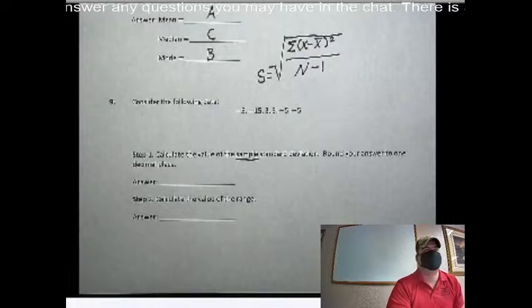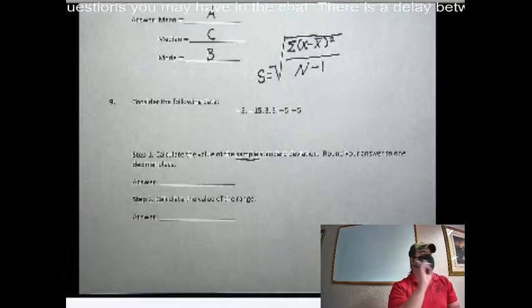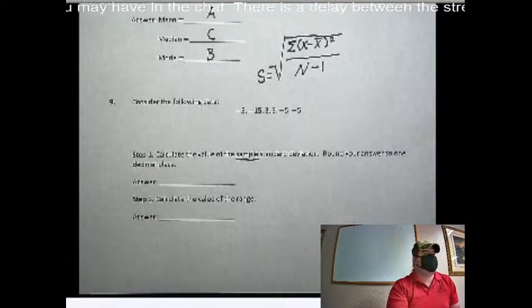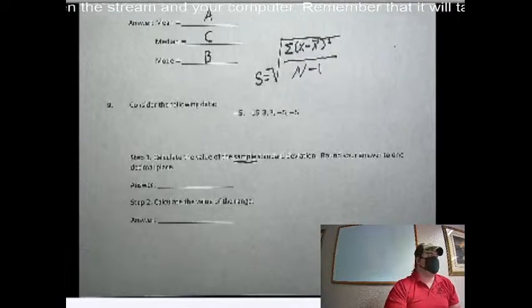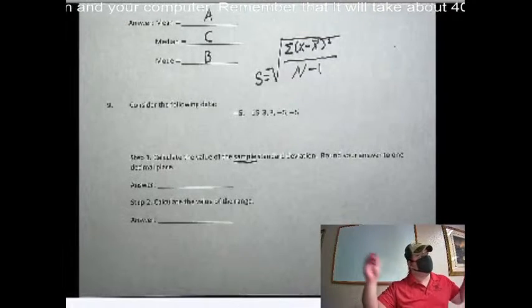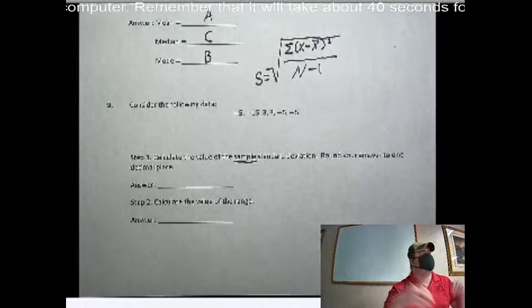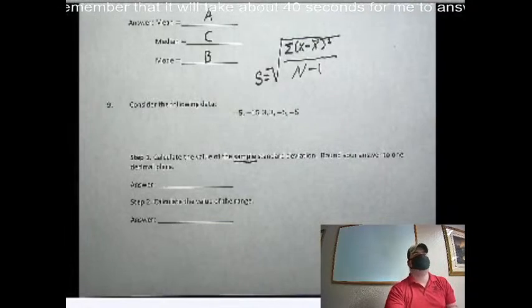For samples, we have to subtract 1 from n because we don't have all the data points in that population. If we had all of the data points in the population, then it'd just be n because we know everything. But we don't know everything. We're kind of projecting what we know about the sample of this population, so we have to subtract 1. Okay.